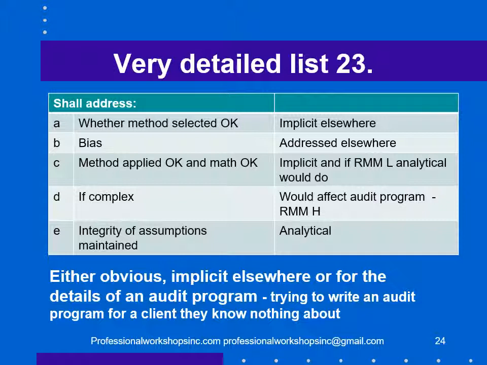If it's complex, that would affect the audit program, and indeed, as I've said before, if risk of material misstatement is higher, I think you need to write a specific audit program for the specific issue. So this stuff, I think, is either obvious, implicit elsewhere, or for the details of an audit program. Sounds to me like the standard setters are trying to write an audit program for a client they know nothing about. We know about the client, they don't.